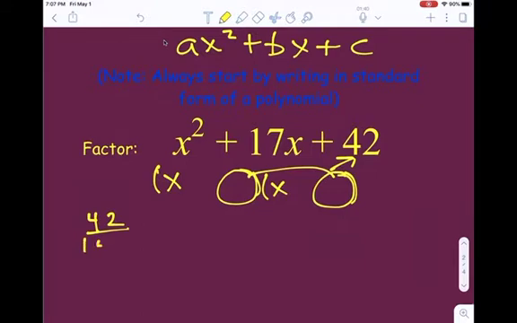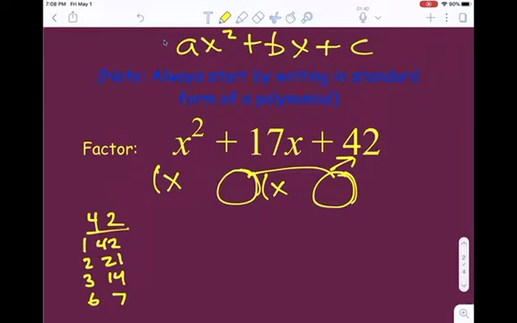So I've got 1 and 42, 2 and 21, and 3 and 14. 4 doesn't go into it, 5 doesn't go into it, and then 6 and 7, and otherwise it would just be the same pairs in the other direction, and we don't need to write those down.